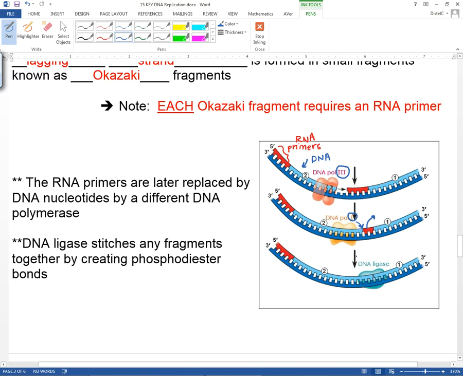And then thirdly, yet another enzyme, DNA ligase, is going to seal this gap in between by creating that phosphodiester bond. Remember, that's that strong covalent bond that we use in the sugar phosphate backbone.